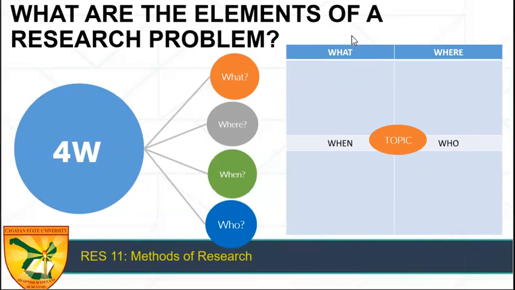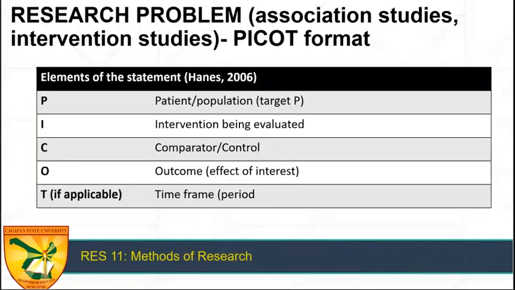You have your topic with what, where, when, and who. And this slide is for association studies or intervention studies using the PICOT format, which stands for P for population or the patient, I for the intervention being evaluated, C for comparator or control, O for outcome, and T for time frame or period if applicable only.